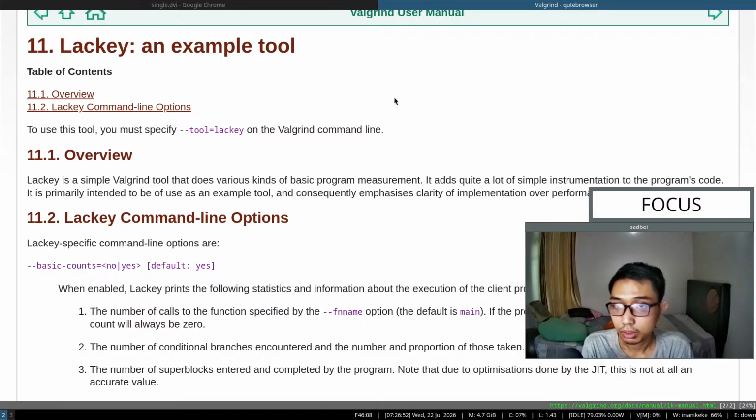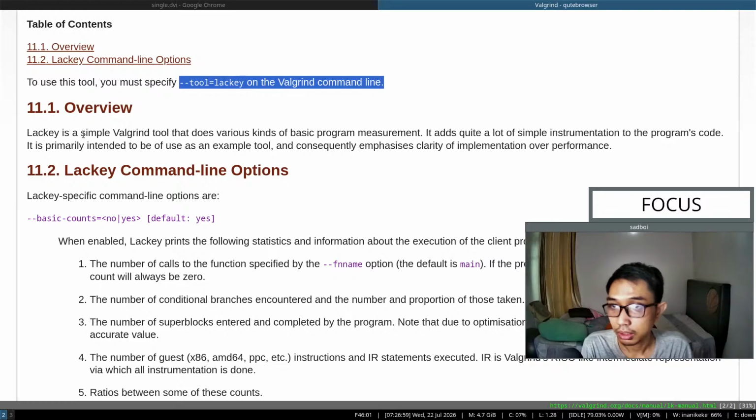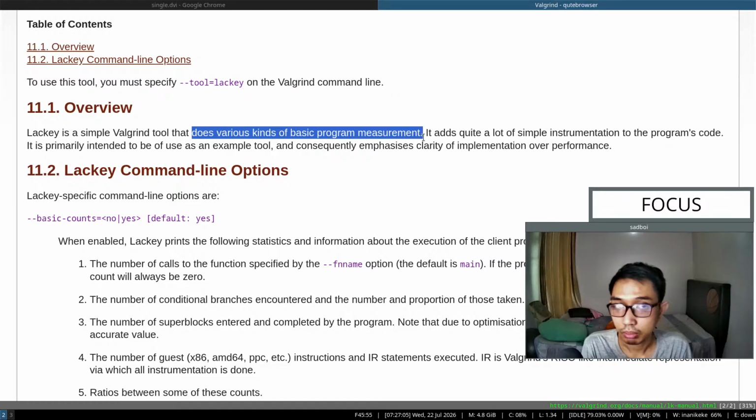You must specify --tool=lackey. Lackey is a simple Valgrind tool that does various kinds of basic program measurement.